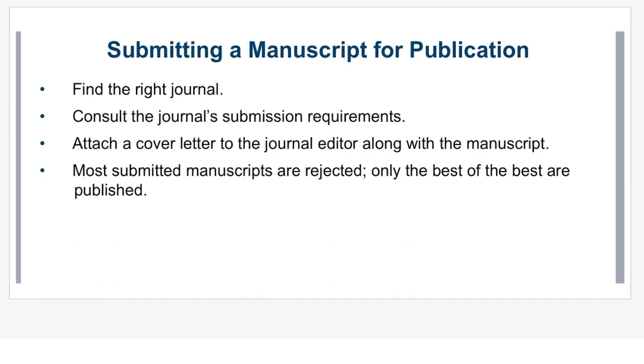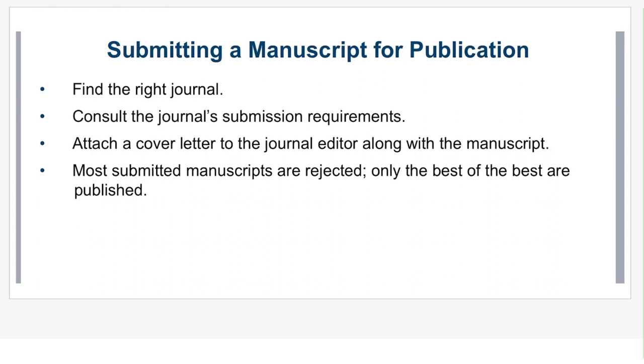So if you're writing about some kind of educational technique or implementation or educational strategy, you wouldn't want to publish that in a journal on industrial organizational psychology or counseling psychology if it has nothing to do with counseling. If it's educational focused, then you want to look for journals that are about educational psychology or school psychology or things like that. Or even developmental psychology or child psychology, things like that.